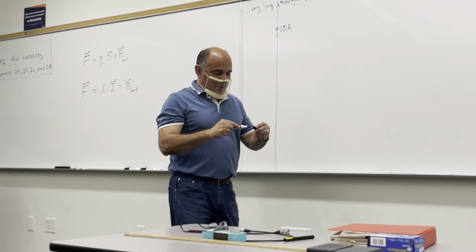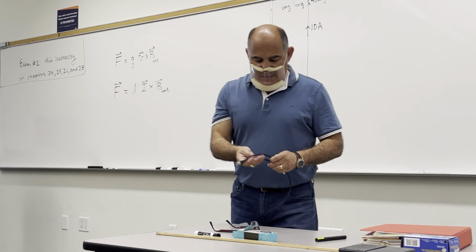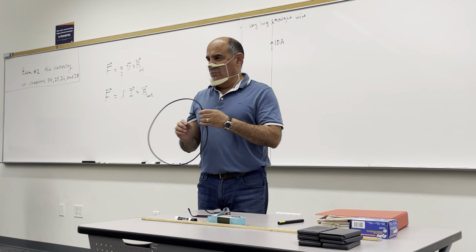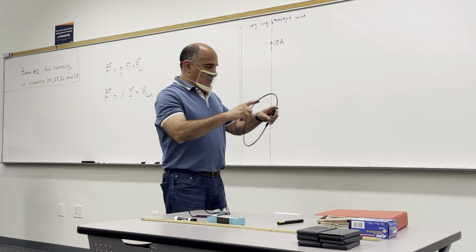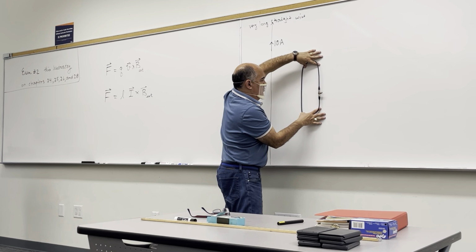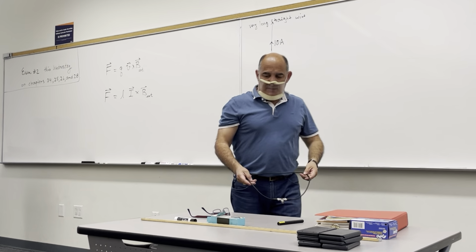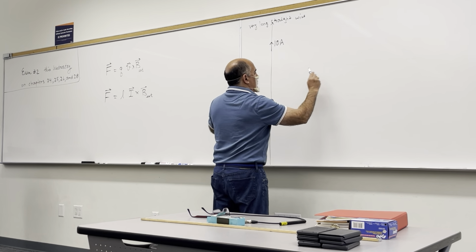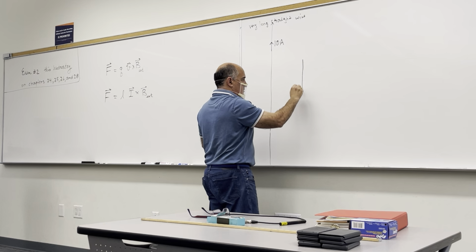And there is a loop that has a current in it. Let's not worry how that current is generated, but let's say that there is a square loop, or rectangular loop, placed in here on the plane of the board. So there's a loop like this.